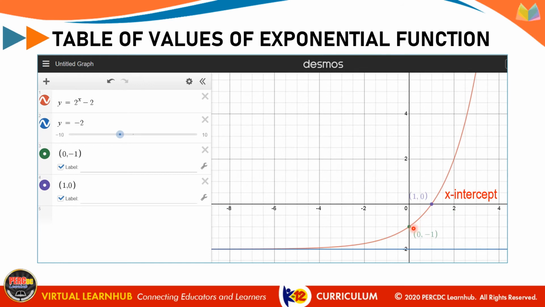Where the graph passes through the y-axis, that is our y-intercept. And the imaginary line that our graph approaches is what we call the asymptote. Later on, we will discuss further how to get the x-intercept, the y-intercept, and the asymptote of our exponential function. But for now, those are our parts.